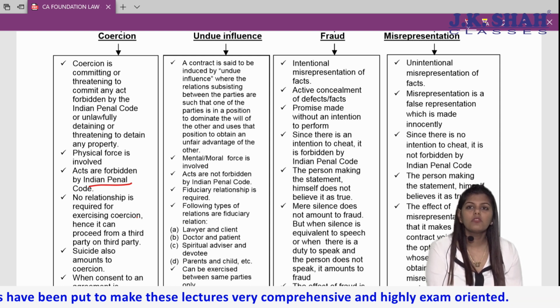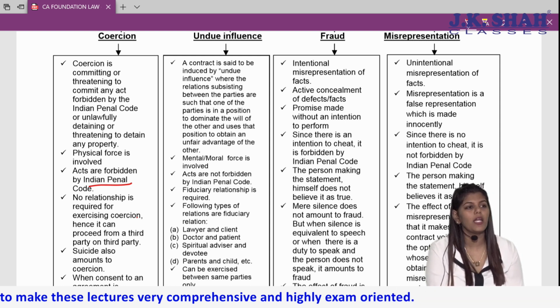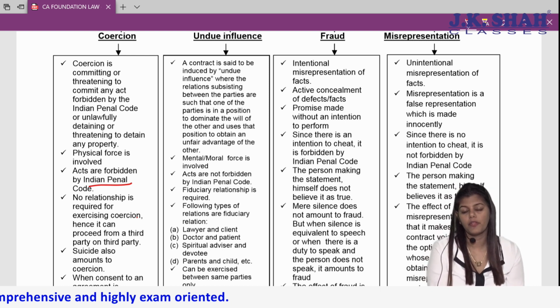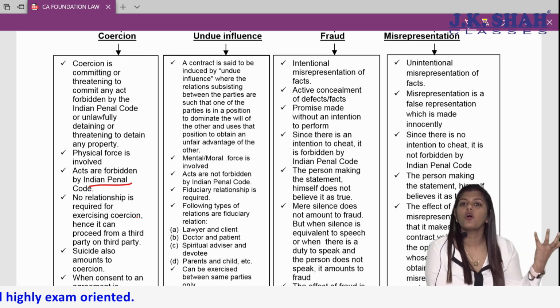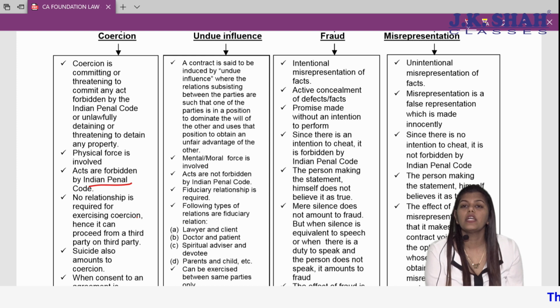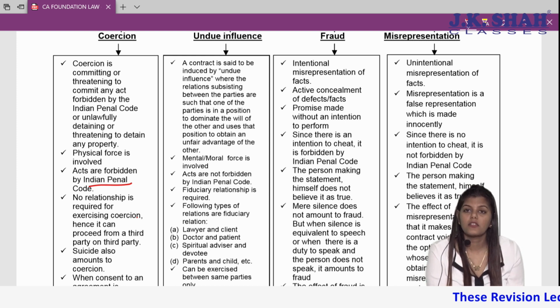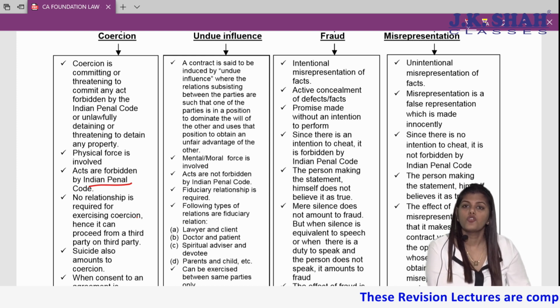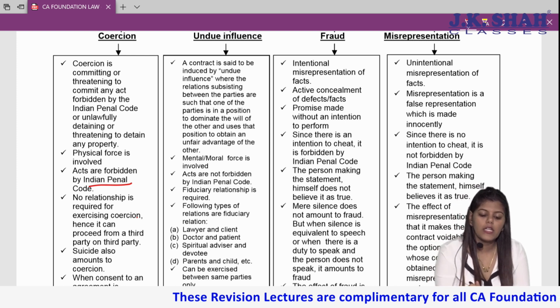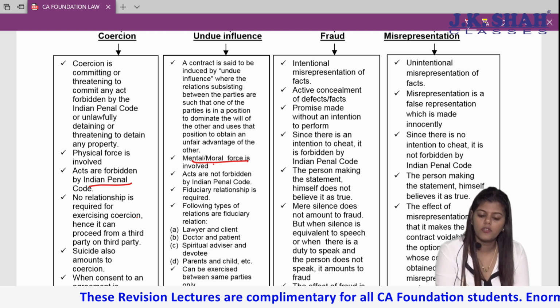But he will not think much. He will think, okay, my life will be saved. And doctor is saying something, that means there has to be something. So, doctor is influencing the patient for taking undue advantage of 18 lakhs. This is undue influence. So, there is no threatening, but mentally you control someone. So, there is mental force involved.